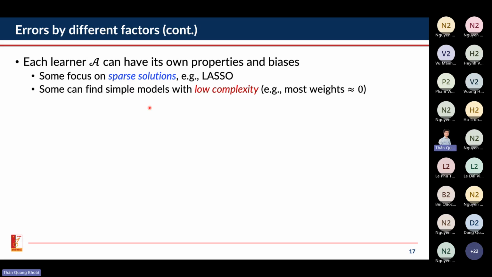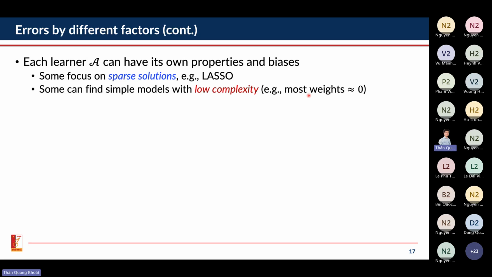But sometimes you can use other learners that can produce a model with low complexity. For example, in your model, most weights are small, right?